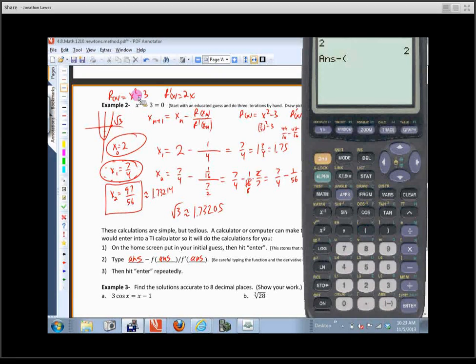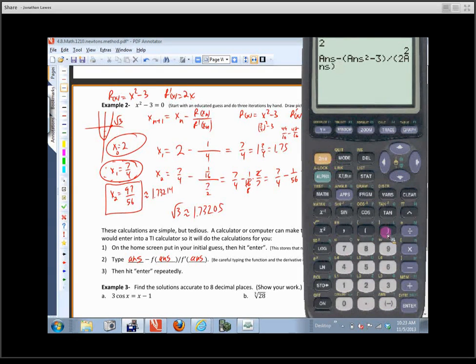So the function is whatever that answer was squared minus 3. So answer squared, minus 3, close the parentheses. That's going to give us the function value on the top. And then I'm going to divide by whatever the derivative was, and it's a good idea to put these in parentheses even if it doesn't look like it's necessary. 2 times whatever that last answer was, whatever that last x value was.